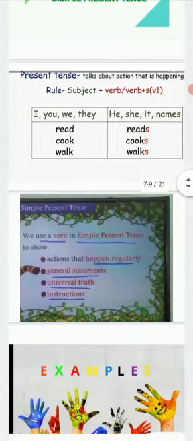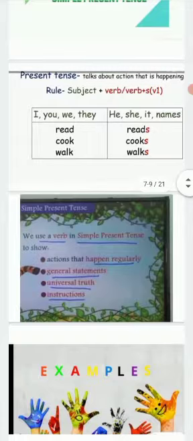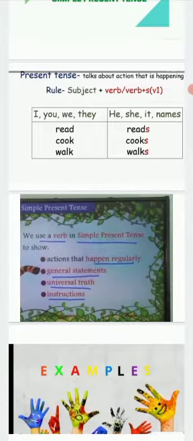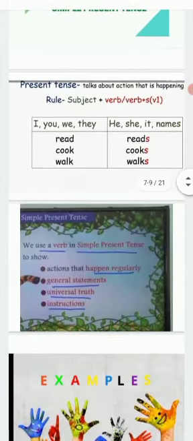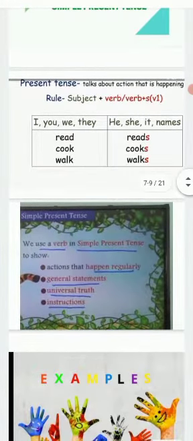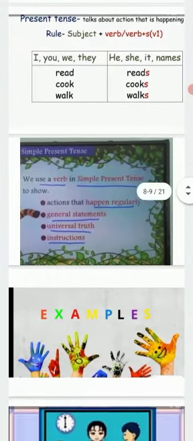And if the subject is singular like he, she, it or any name like Riya, Mohit, Sia, then we use first form of verb plus s or es. For example, reads, cooks, walks.